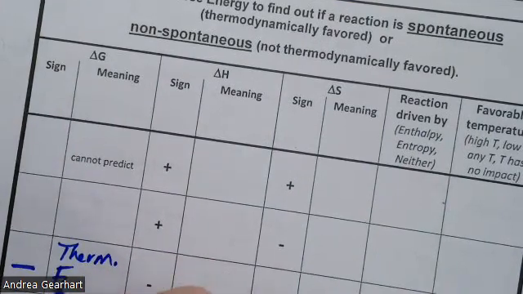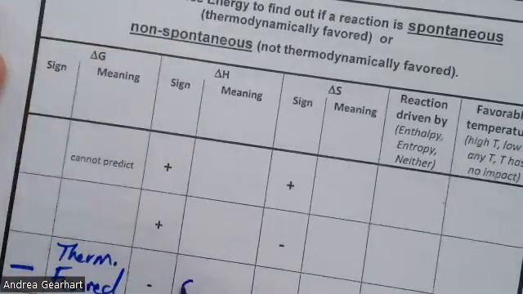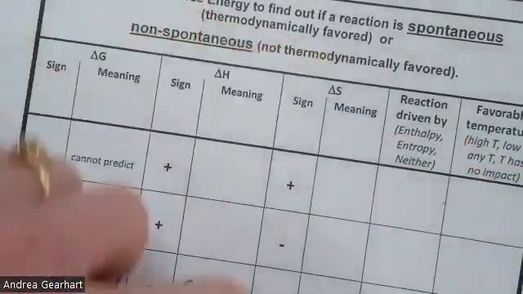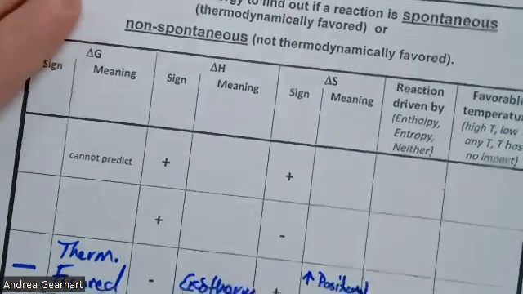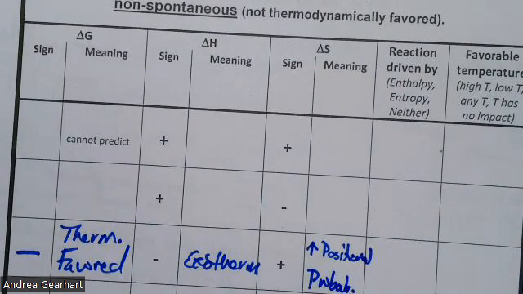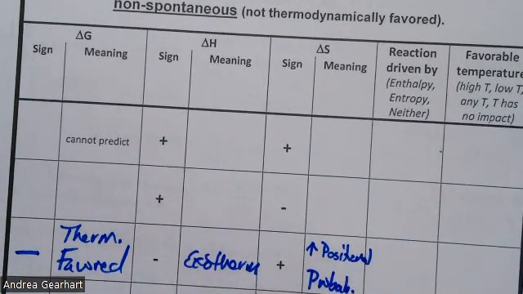Thermodynamically favored. If delta H is negative, that means exothermic. Delta S being positive means an increase in positional probability or number of microstates. So both things are in our favor.